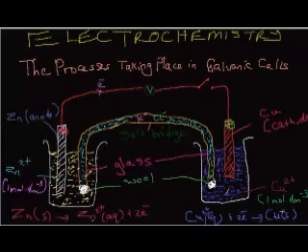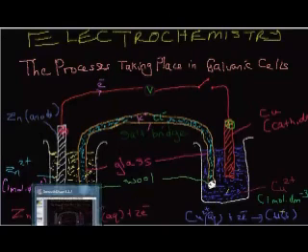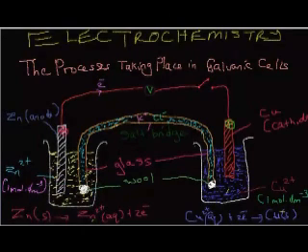At the copper electrode, we have already highlighted that the copper ions from the solution gain these 2 electrons, and we have the formation of copper atoms.